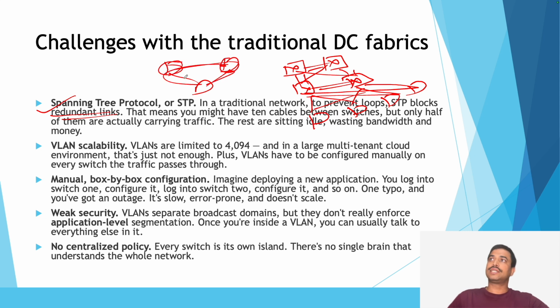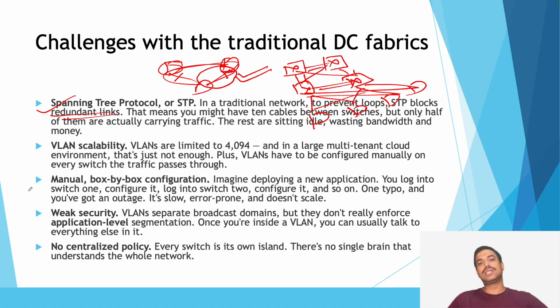In this case, STP is going to block one of them, like this or this. So we are losing an entire link's capacity, and that is not very scalable. We wanted to get rid of this situation.